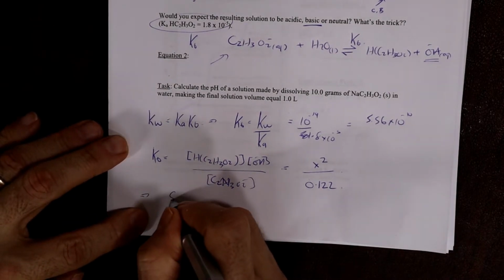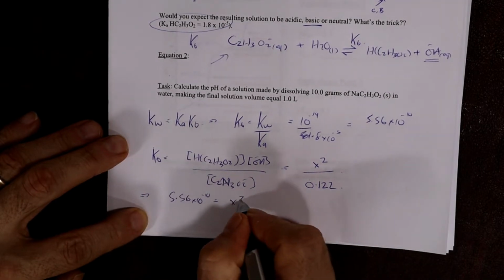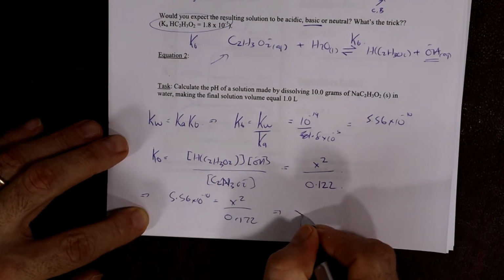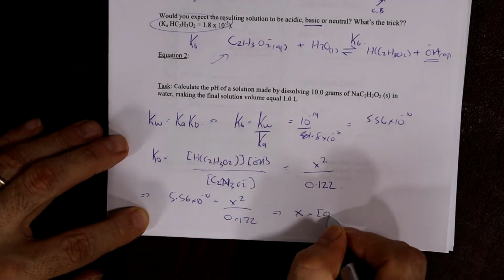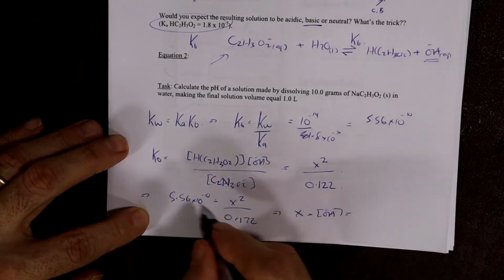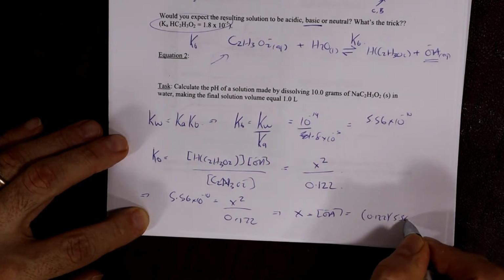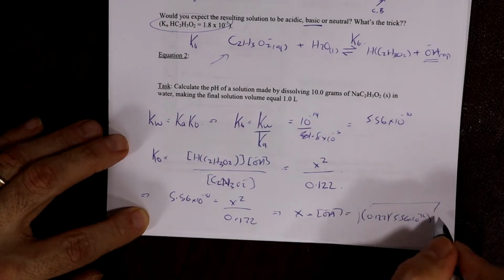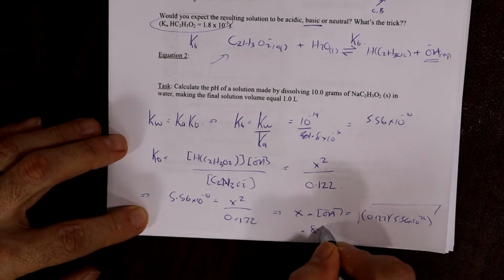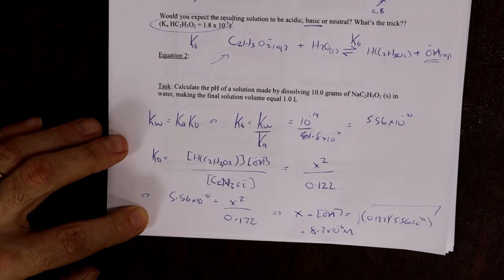Kb, 5.56 times 10 to the minus 10 equals x squared over 0.122. x, which equals OH minus, equals this times this, square rooted. Which equals, we can get the number here, 8.2 times 10 to the minus 6 moles per liter. That's the concentration of OH minus.